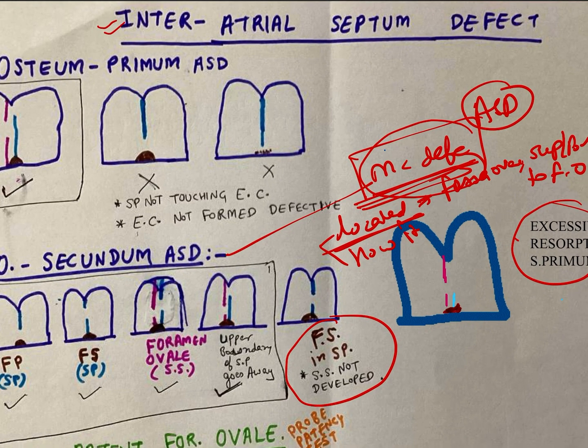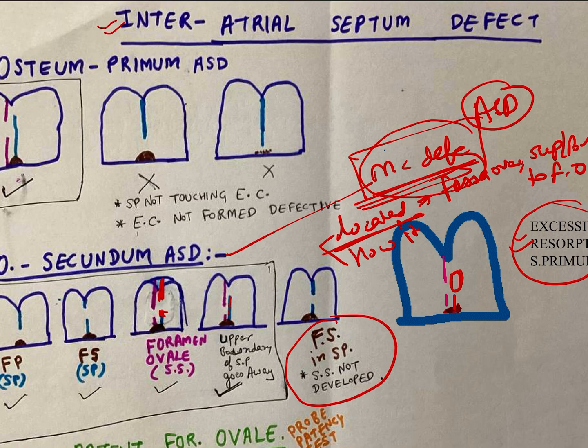If there is excessive resorption of the septum primum, actually I have already explained, this septum primum upper border will resorb, but if the upper edge of the septum primum is also resorbed, or there is excessive resorption of the septum primum, then our foramen secundum opening will be comparatively more.